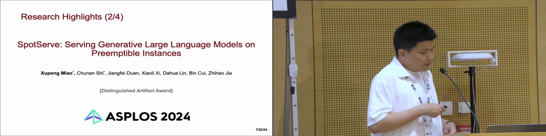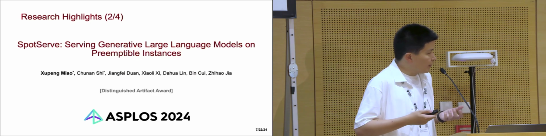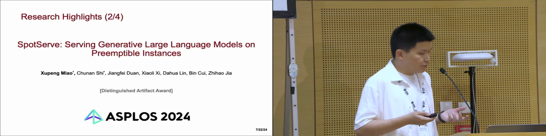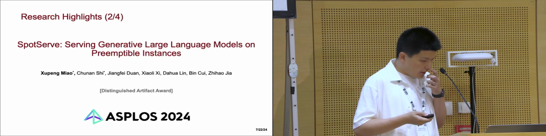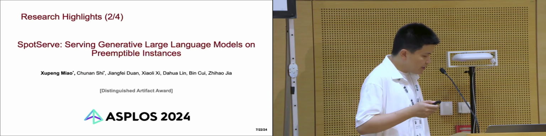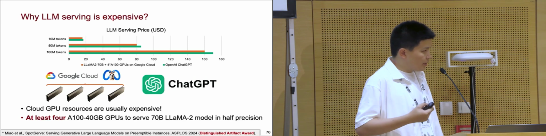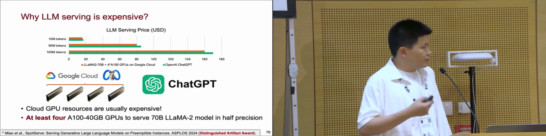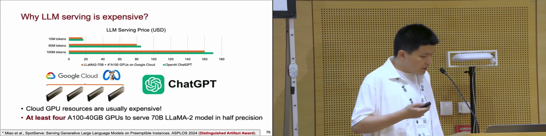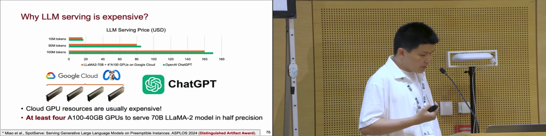So these approaches actually have already been studied in training systems in the past few years. For example, Unity, Alpa, and Galvatron have already covered almost all of the parallelism dimensions when we're trying to partition the models. So the question is, what's the difference for language model serving?